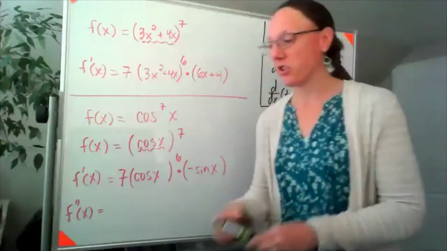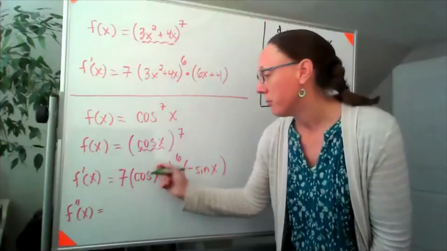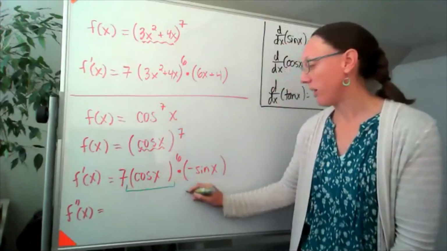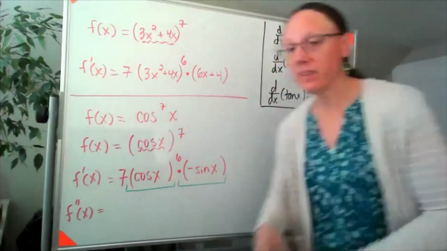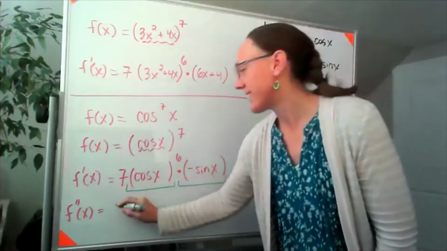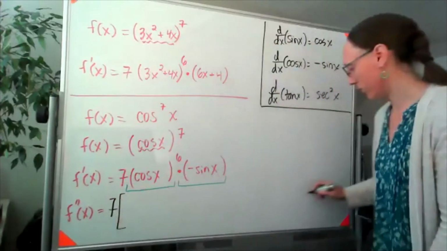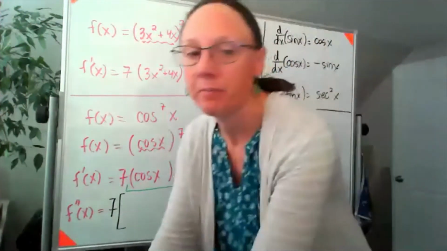But I will need to do a product rule, and my product is going to happen between cosine of x raised to the 6th power and that negative sine of x. So if I get this going with product rule, that 7 is coming along for the ride as that constant multiple rule, and I'm just going to give myself plenty of space.